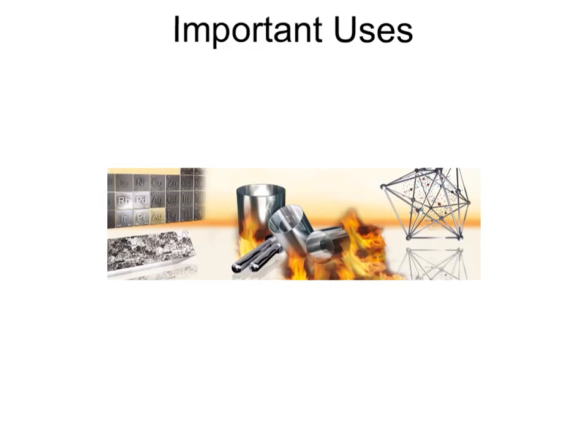I will now tell you the important uses of RH, or rhodium. One important use that I discovered was the primary use of rhodium. And it is to harden platinum, as you can see in this picture.